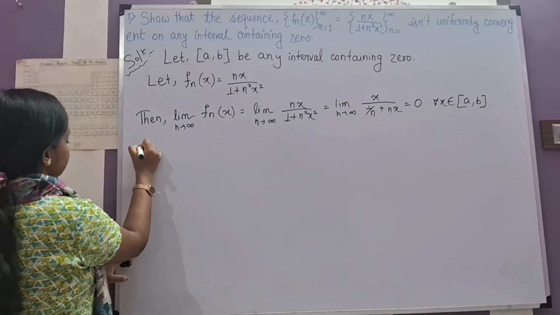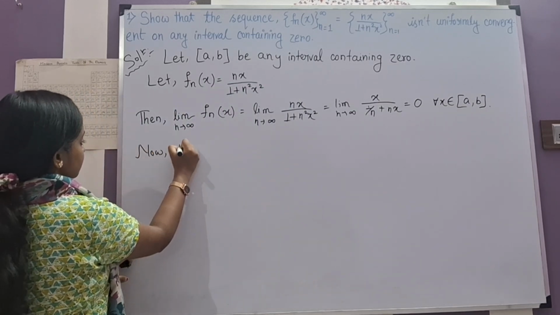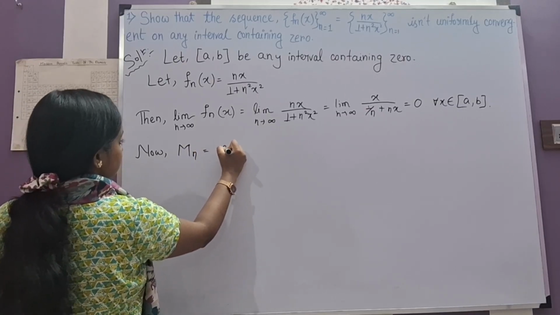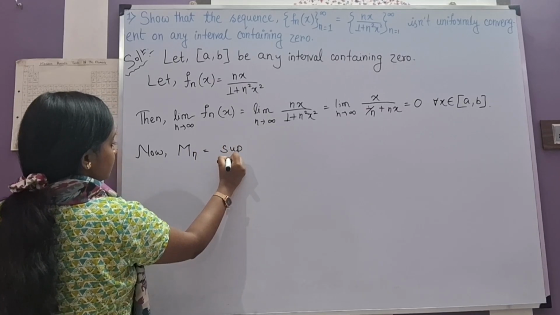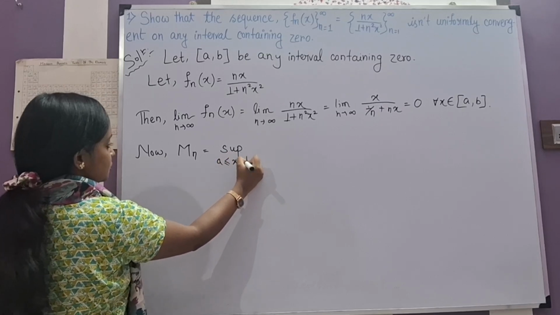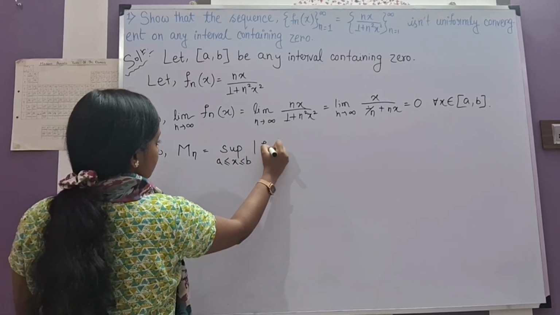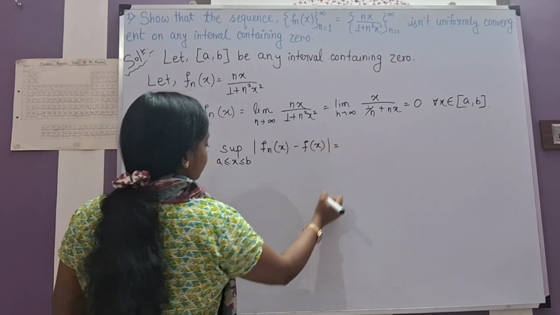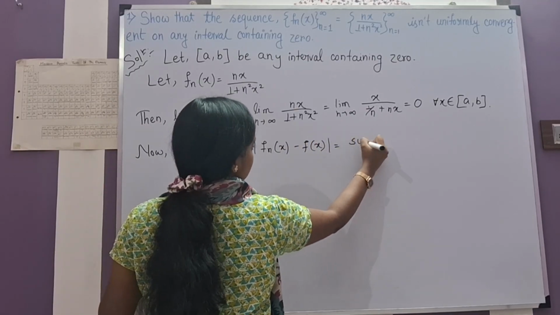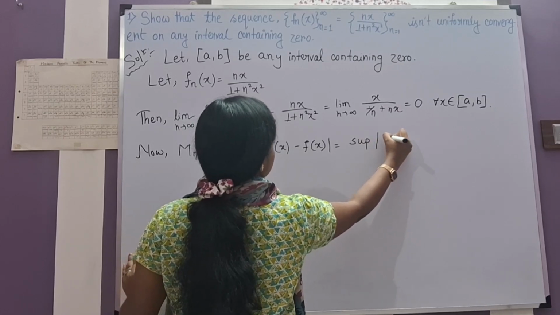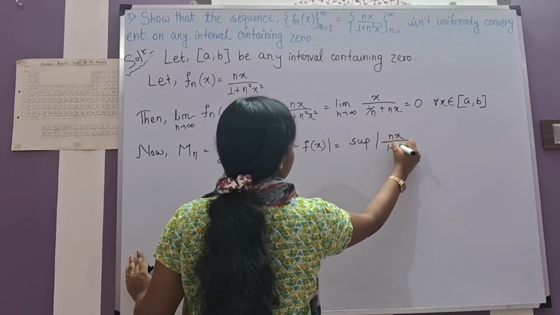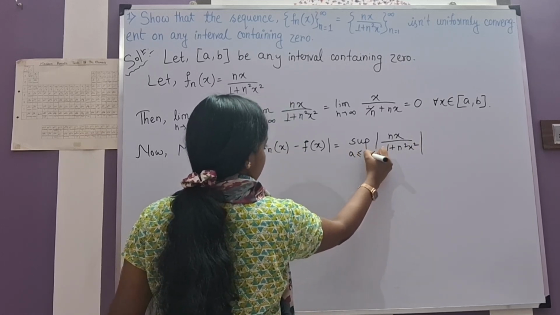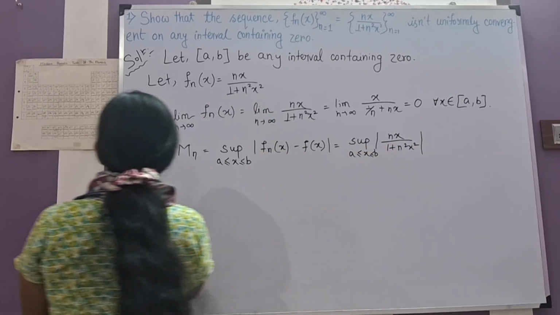Now capital Mn equal to supremum where a less or equal to x less or equal to b of mod of fn(x) minus f(x), equal to supremum of nx by 1 plus n squared x squared, a less or equal to x less or equal to b.